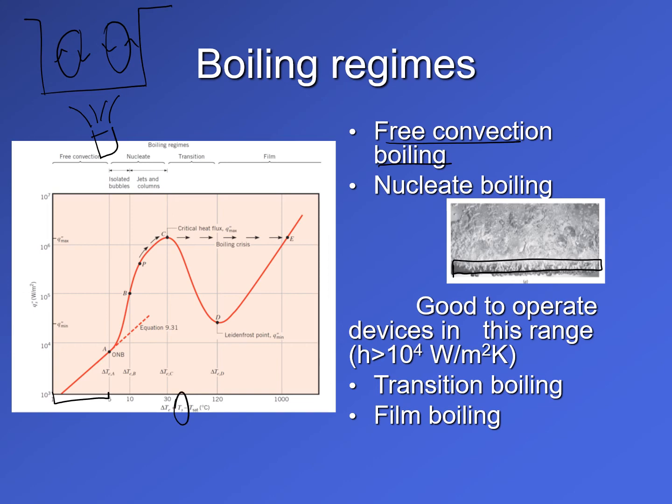So what happens is, beyond this point C, where we have the maximum surface heat flux, as we increase the excess temperature further, what we see is that the transition boiling regime starts. So between point C and D we have a transition boiling regime.